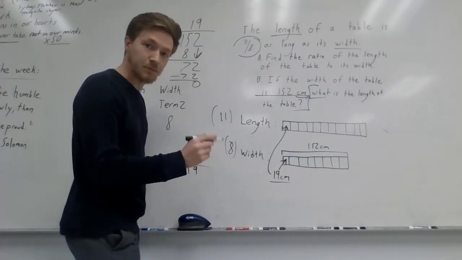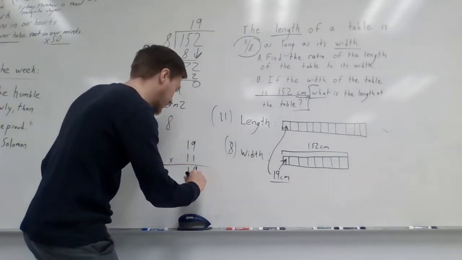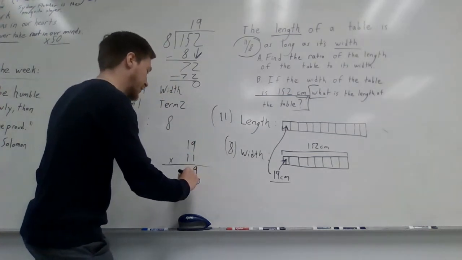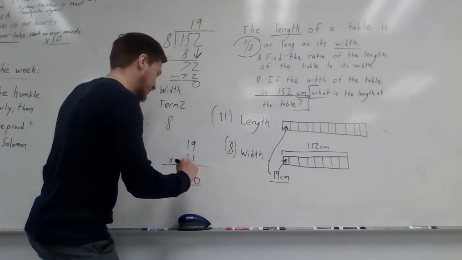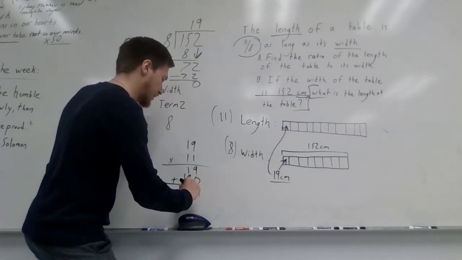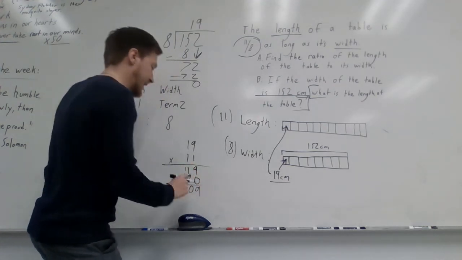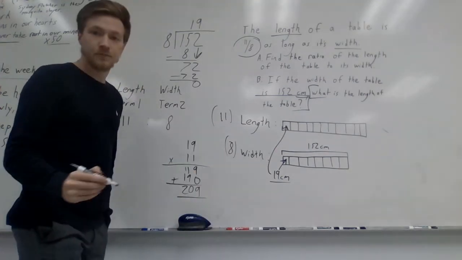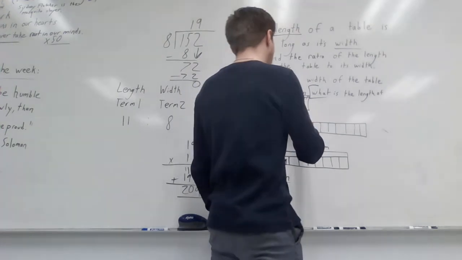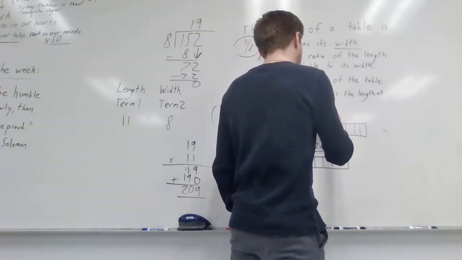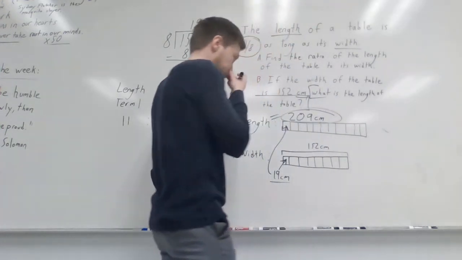When I go to the tens place, I indicate that with a placeholder. 1 times 9 is 9, 1 times 1 is 1. I add those up, and I get 209, which tells me that the answer to part B of this problem is 209 centimeters.